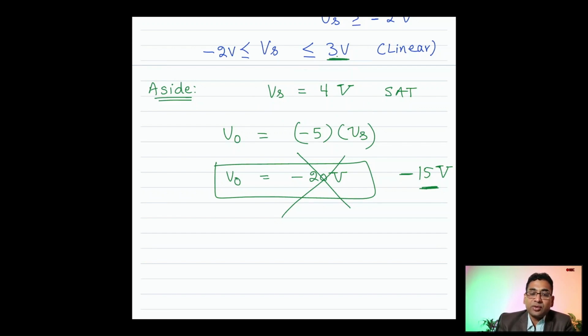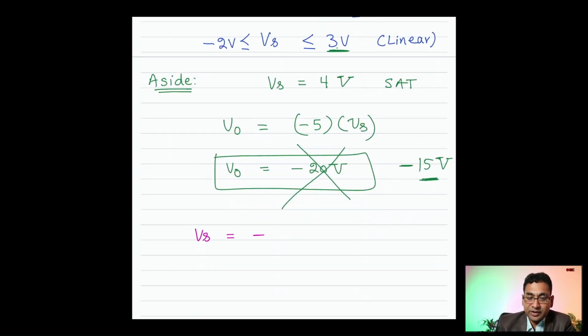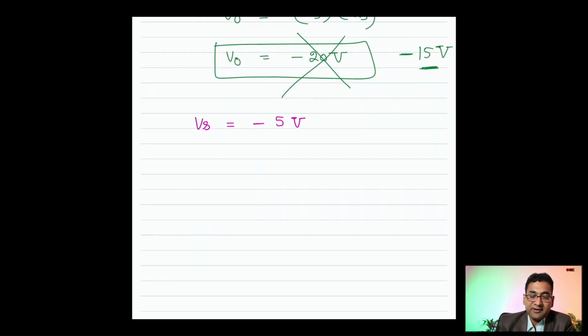Okay. So, let's pick another value. Let's pick a value for Vs equals to negative 5 volts. If Vs equals to negative 5 volts, that makes VO what?